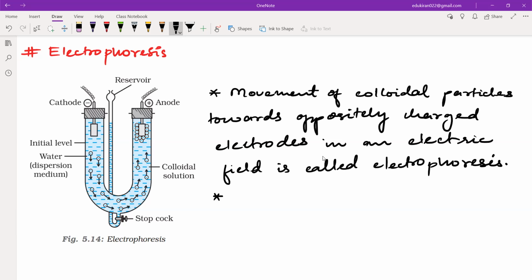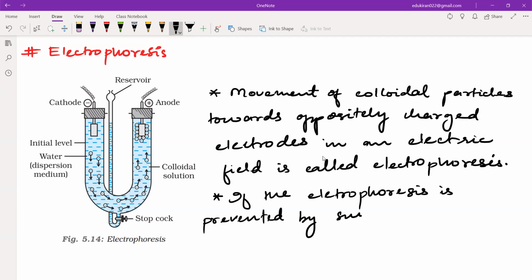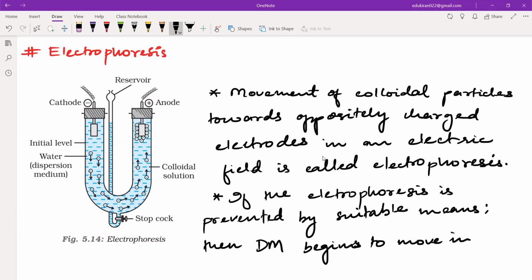If the electrophoresis is prevented by suitable means, then we see that the dispersion medium, DM, begins to move in the electric field.